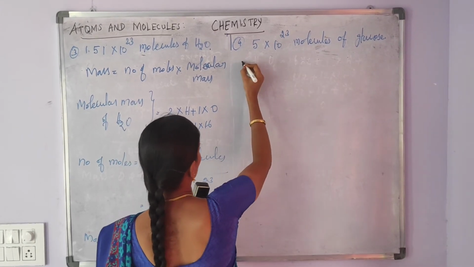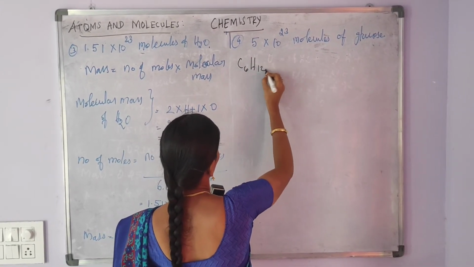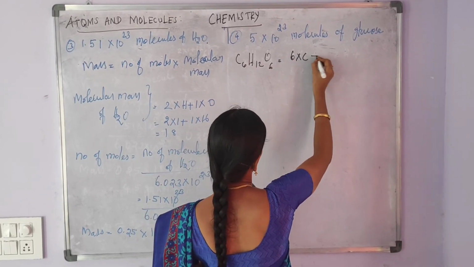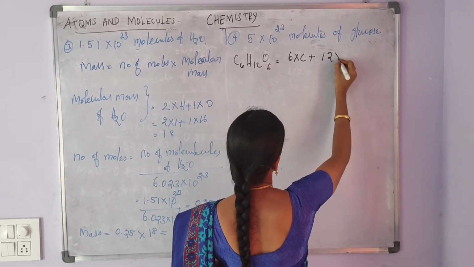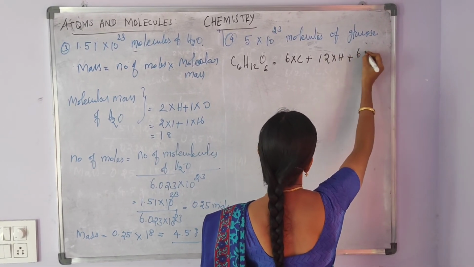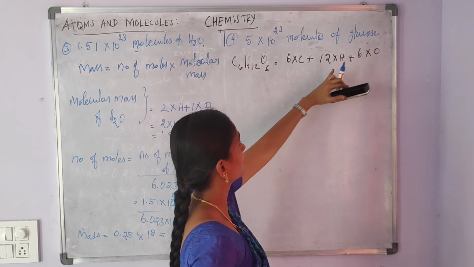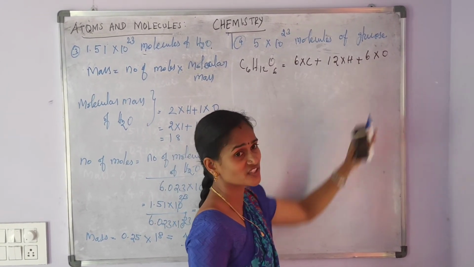Glucose, its formula is C6H12O6. Glucose molecule contains 6 carbon atoms plus 12 hydrogen atoms plus 6 oxygen atoms. Atomic mass of the carbon is 12, hydrogen is 1 and oxygen is 16.